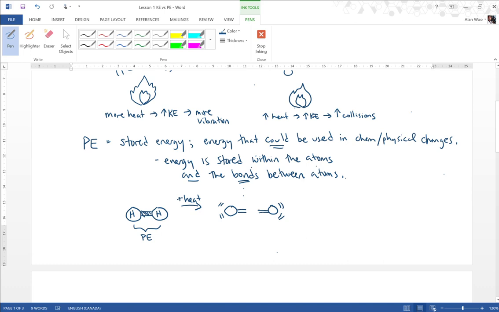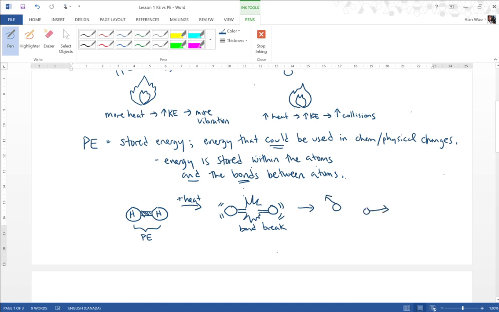But if you give it enough energy, that bond will break. And when it breaks, those atoms will use that kinetic energy and move away from each other.